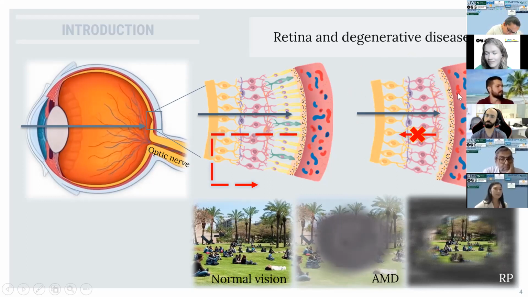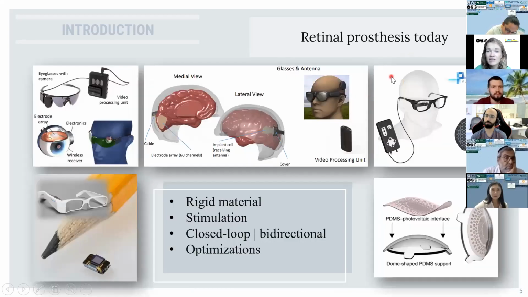Right now we have several retinal prostheses that are in commercial use or in clinical trials, and they're really amazing. Most of them are based on rigid materials, and their one function is to stimulate the retina.